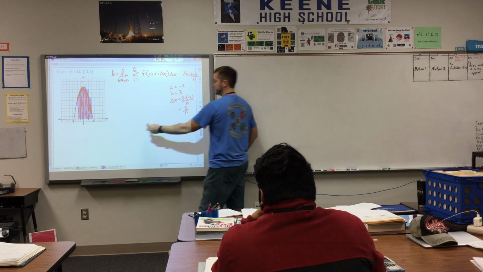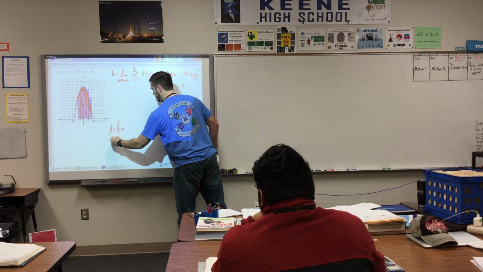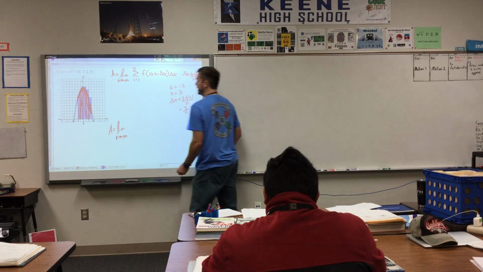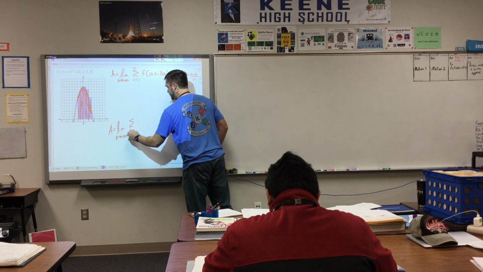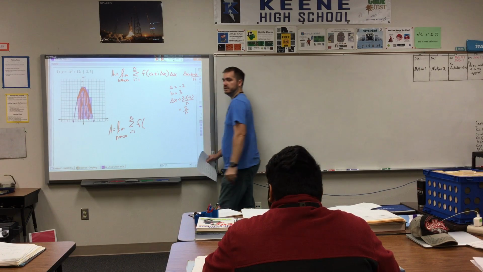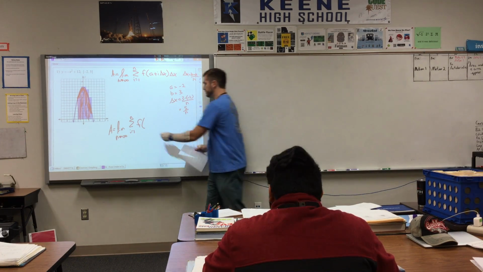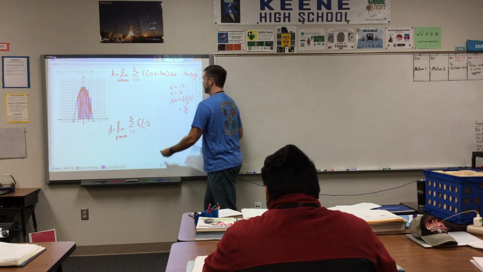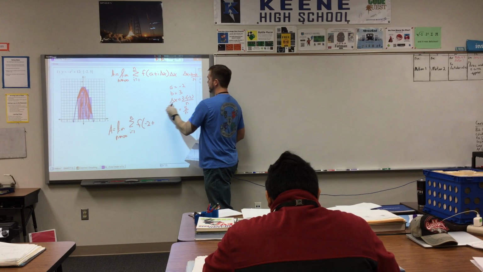All right, so we'll go ahead and start plugging this in. So area is equal to the limit as n approaches infinity of the summation from i equals 1 to n of f of a, so -2, plus i delta x.